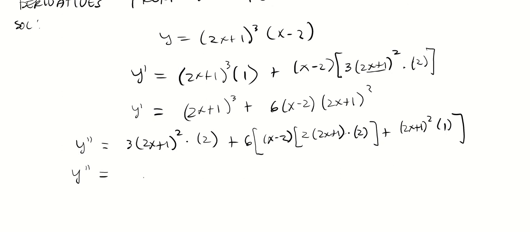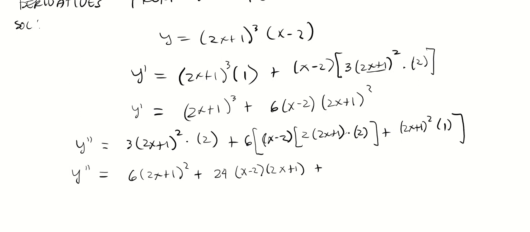So this will be 3 times 2, 6, (2x + 1)^2, plus here we can distribute now the 6. 6 times 2 times 2. So that will be equal to 4 times 6, that's 24. (x minus 2) times (2x + 1).